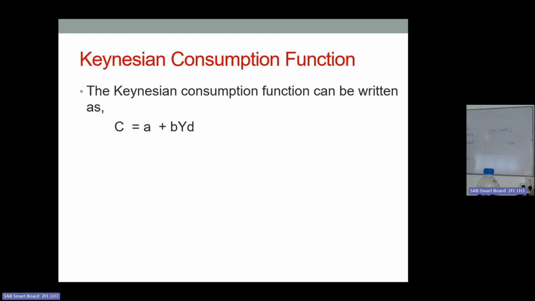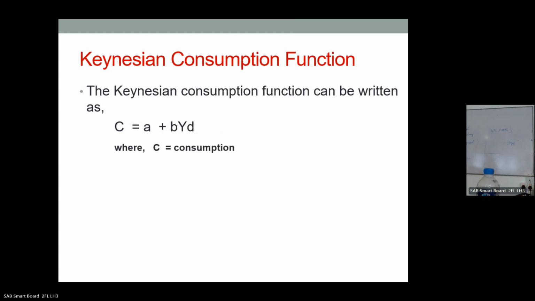In a simple economy, meaning an economy with households and firms only, without any government, consumption depends on income. Here we write Yd or Y. Consumption is A plus bYd. What does A mean?